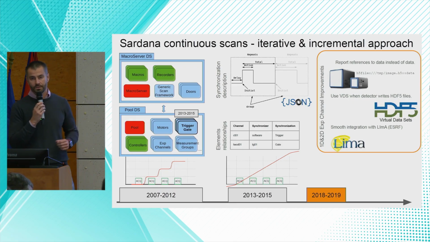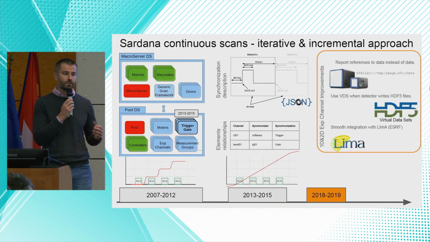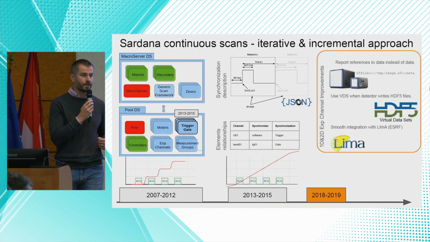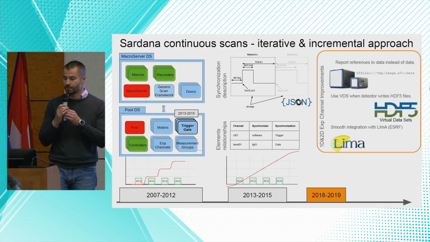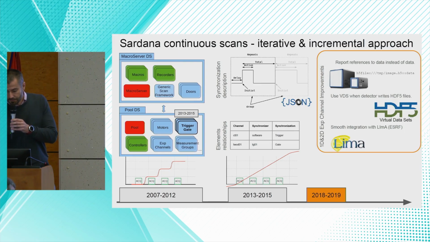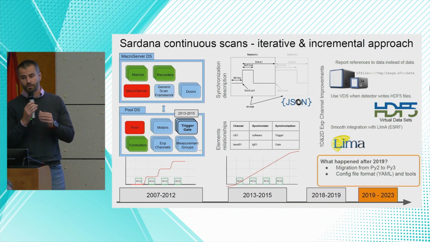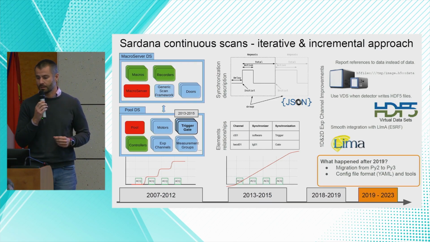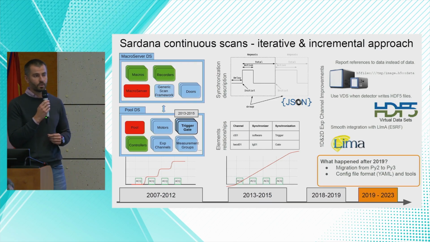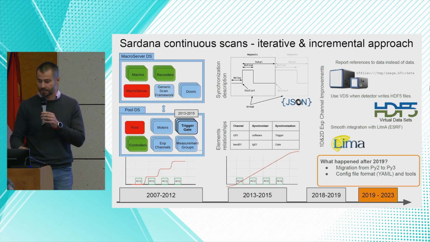We improve integration with HDF5 format, and we achieved to smoothly integrate detectors either with Lima library or in any other way. And after that, continuous scans development were put on hold because we were focused on migrating code to Python 3 and on developing the configuration file format to Sardana.